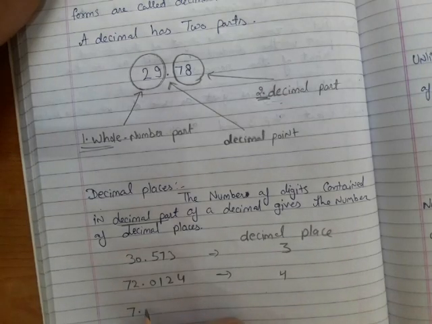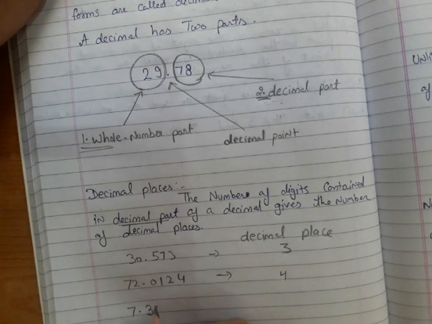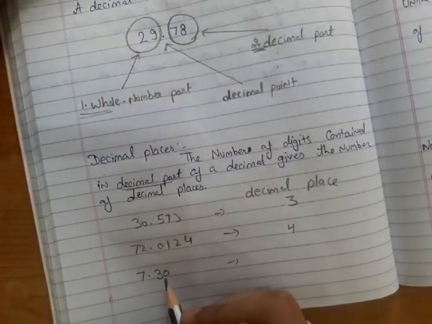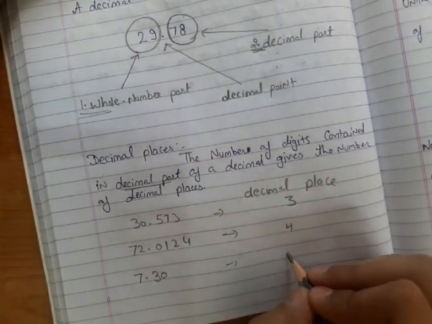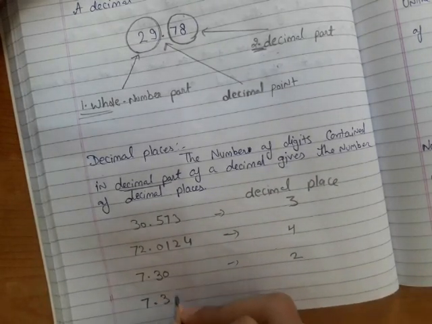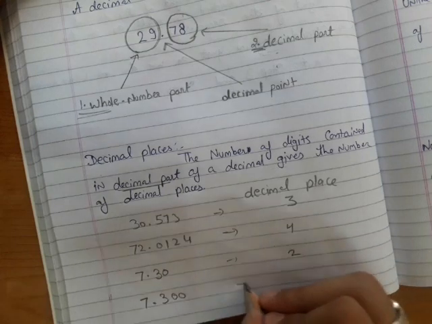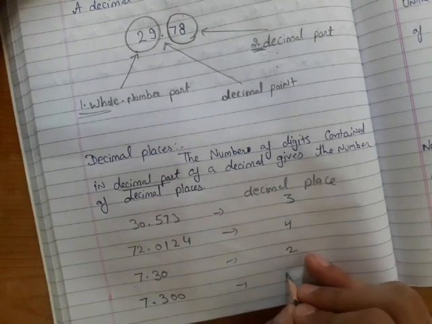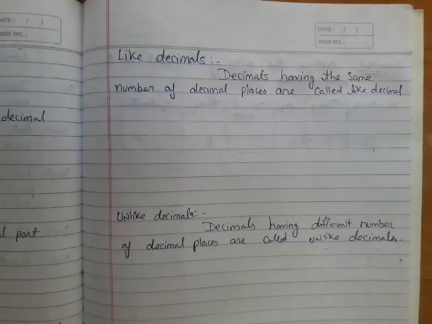Suppose I write 7.30, there are 2 digits after the decimal point, so decimal places equals 2. Suppose I write 7.300, there are 3 digits after the decimal point, hence decimal places are 3.